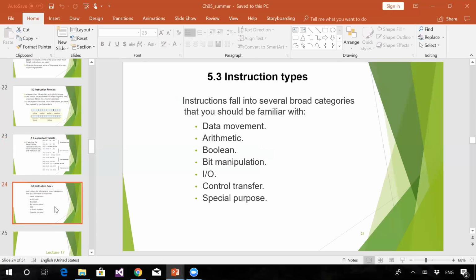Data movement, such as load and store, arithmetic, such as add and subtract. But there can be more calculation-related instructions, such as Boolean, bit manipulation, I/O, which is easy to understand, control transfer, and special purpose.